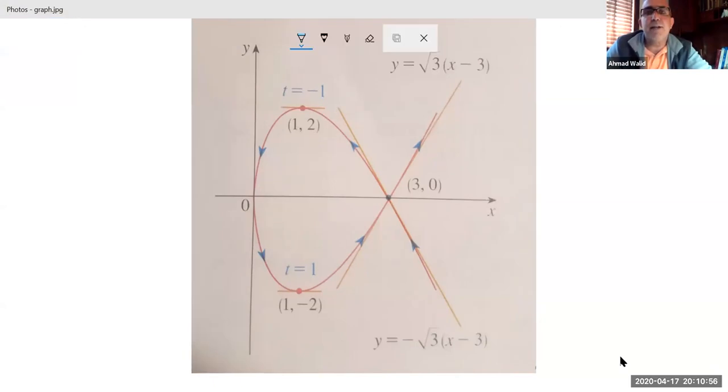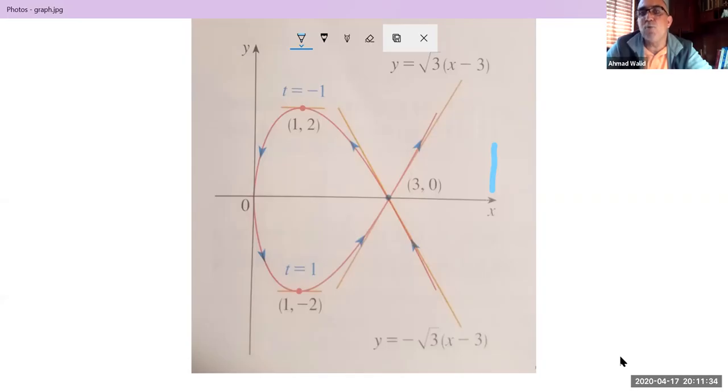Look here now at your graph. This is the graph of that function. When t equals -1 and t equals +1, you can have two horizontal tangent lines. This line and this line that are passing through (3, 0), these are those two tangent lines.